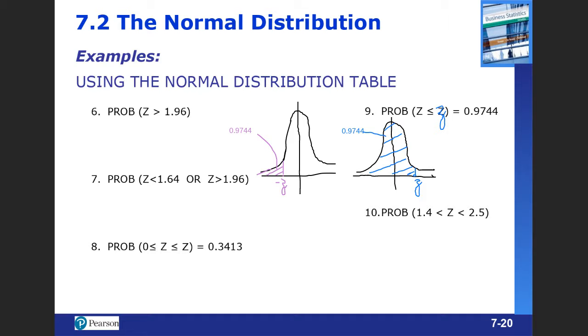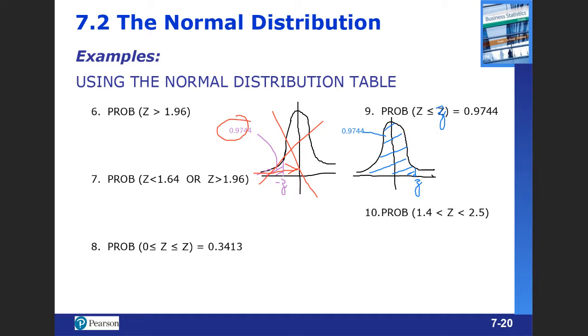We already know that from negative infinity up to 0 here is already 0.5. So it does not make any sense to have this area as 0.9744. So z cannot be negative. So we're not going to go with that. So this is telling me that z is positive. That's how I know that z is positive. This makes sense. 0.9744 is greater than 0.5.